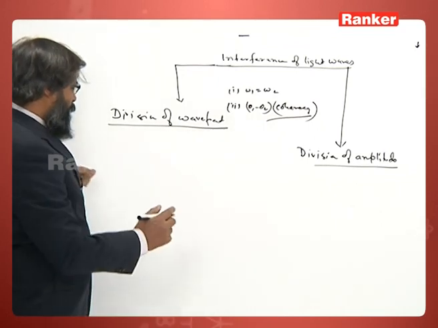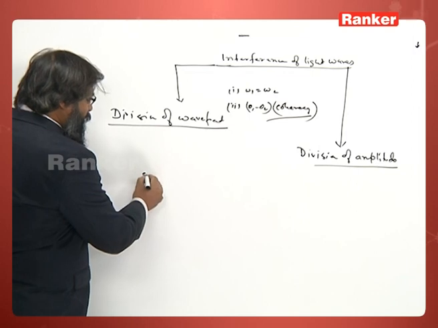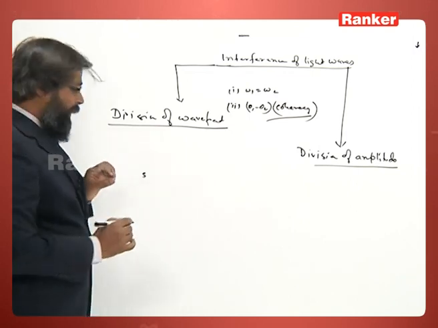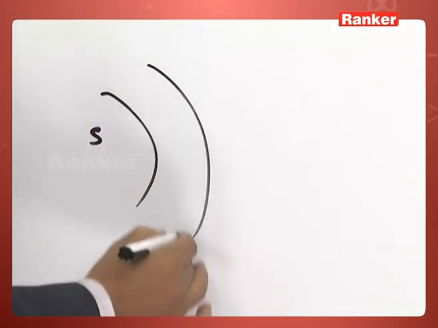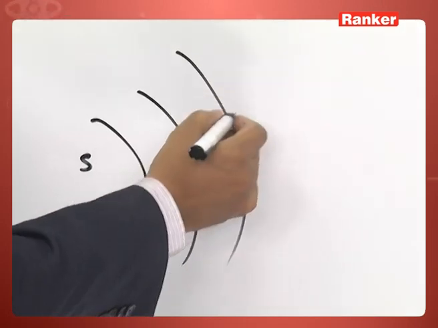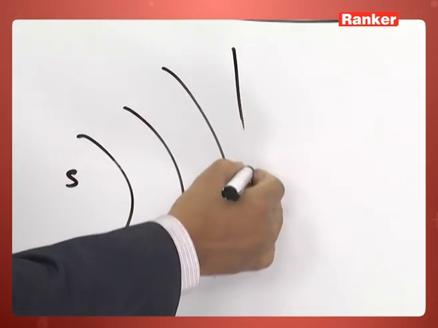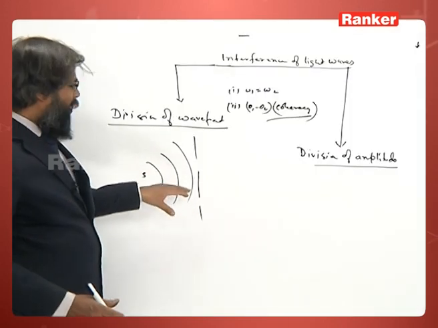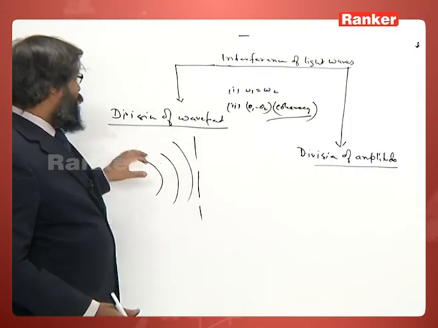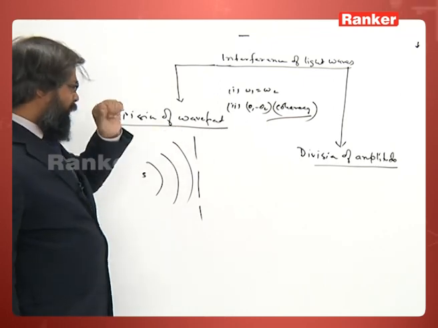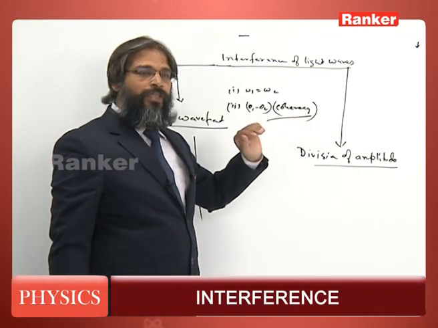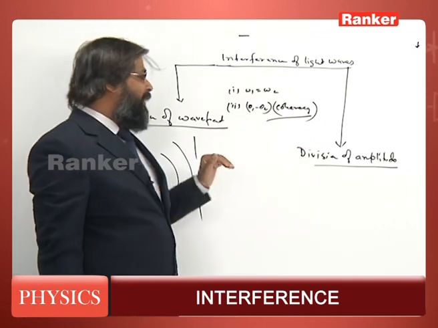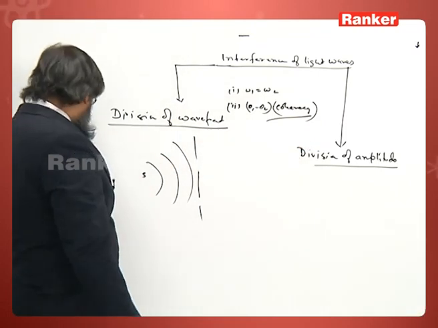In the first method, a point source is taken, it emanates wavelets and the wavefront is divided by passing through two pinholes or two slits, or by many different techniques. Similarly, division of amplitude can be done by different techniques, and let us see how.